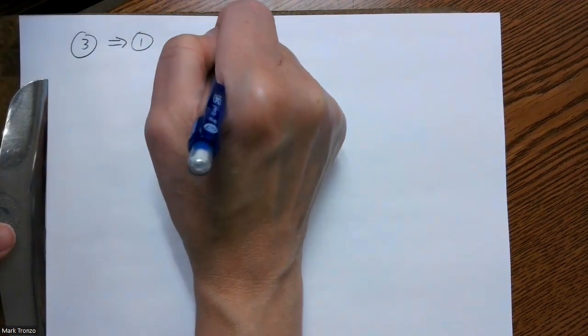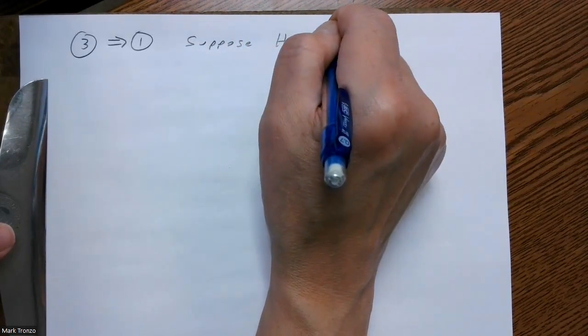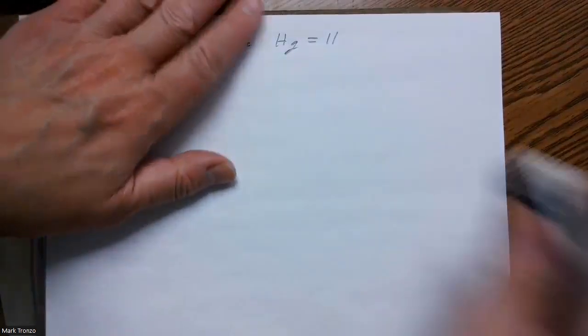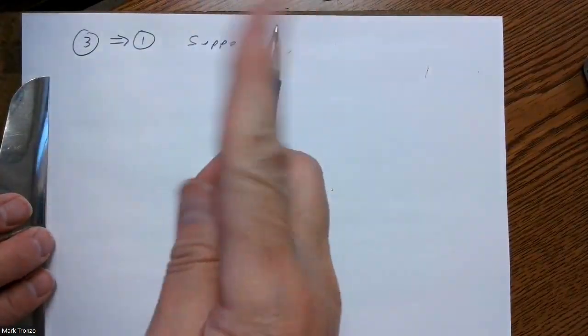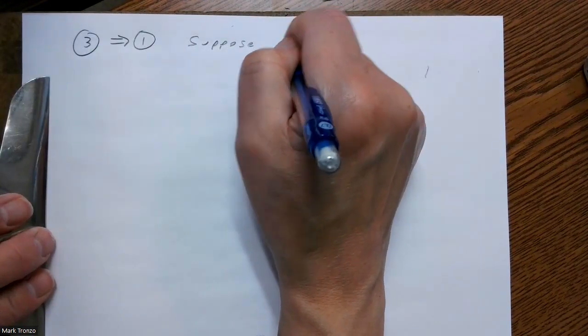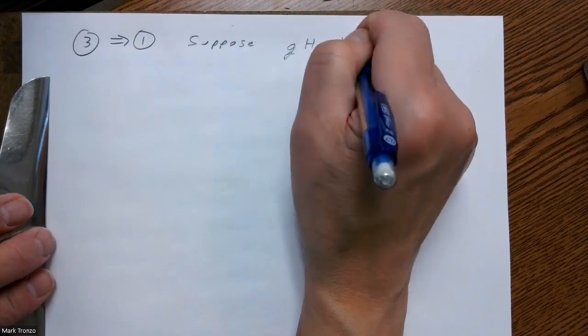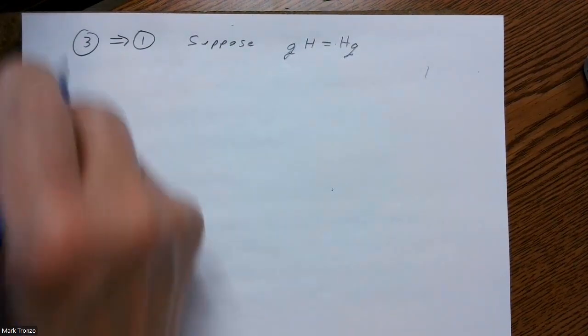So suppose, let me write it just so it's consistent with the way I did it before. Suppose GH is equal to HG. That's from number 3. We're going to assume number 3 and show this is true.